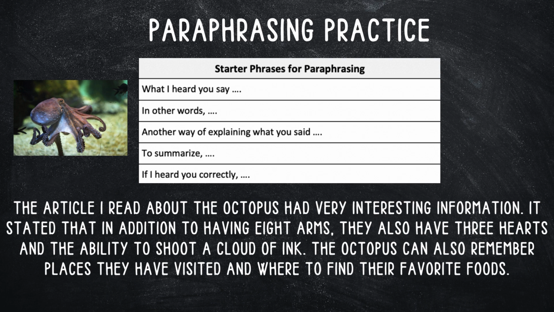And this is our final short paragraph. The article I read about the octopus had very interesting information. It stated that in addition to having 8 arms, they also have 3 hearts and the ability to shoot a cloud of ink. The octopus can also remember places they have visited and where to find their favorite foods.